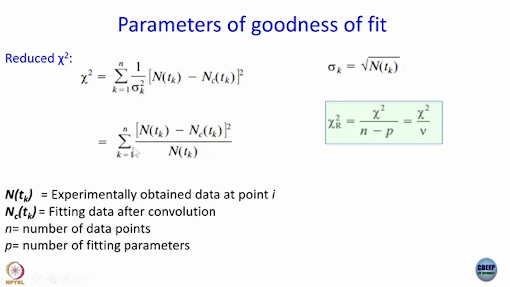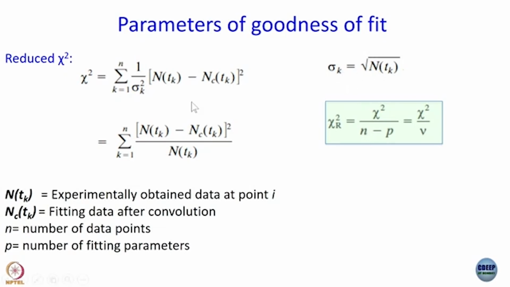So, this is what it is: chi square is the sum over k equal to 1 to n of n at tk minus nc at tk whole square divided by n at tk. Where did this denominator n at tk come from? From here, sigma k equal to square root of n at tk. So, square of sigma k, and the square root is gone.